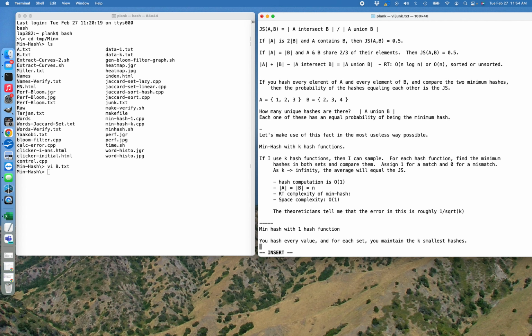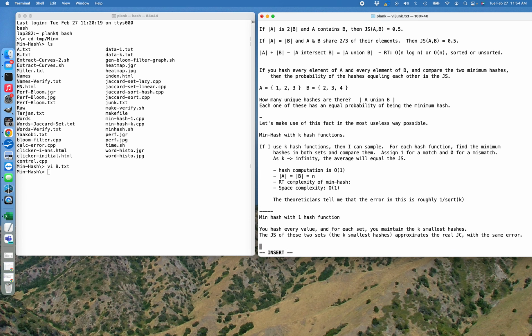We just hash once. We store the k smallest values, and then the Jaccard similarity of these two sets' k smallest hashes approximates the real Jaccard similarity with the same error.